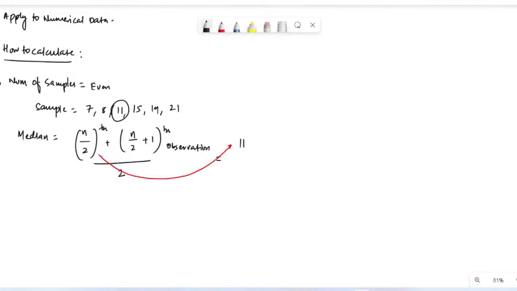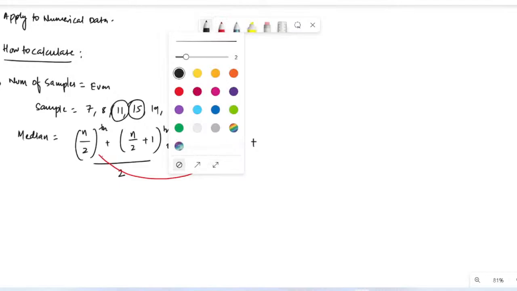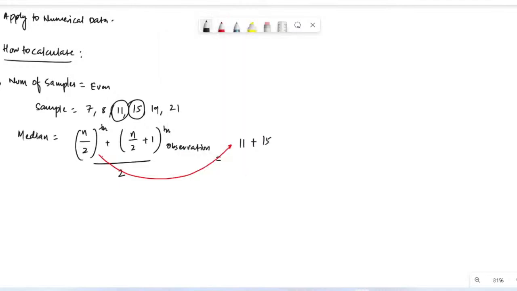Next is the n by 2 plus 1th observation, the next one, which is 15. Divided by 2, that's the answer for the median. So 11 plus 15 makes 26, divided by 2, which makes it 13, correct?